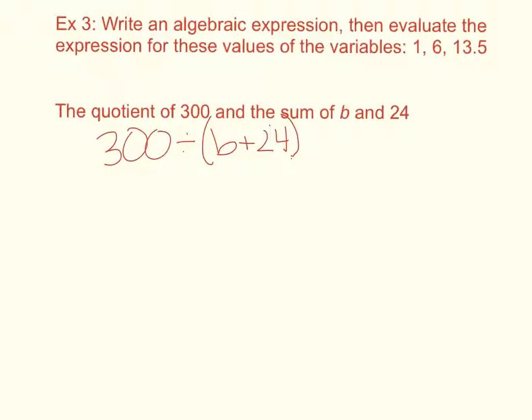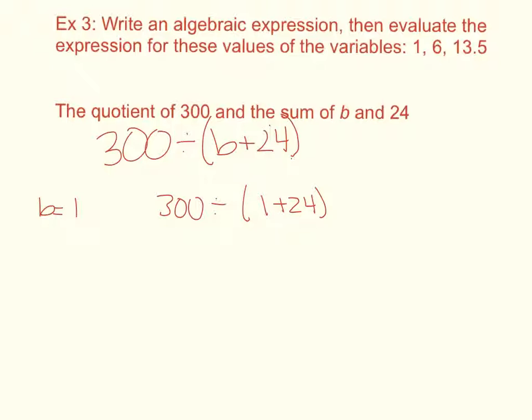This is our first step. All that we've done so far is we've written an algebraic expression. Now we need to evaluate that expression for these values. First, what if b equals 1? So if b equals 1, I'm going to solve this. 300 divided by, I'm going to substitute in 1 because b equals 1. 1 plus 24.